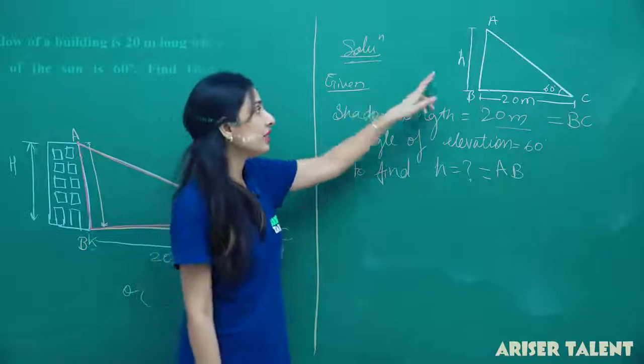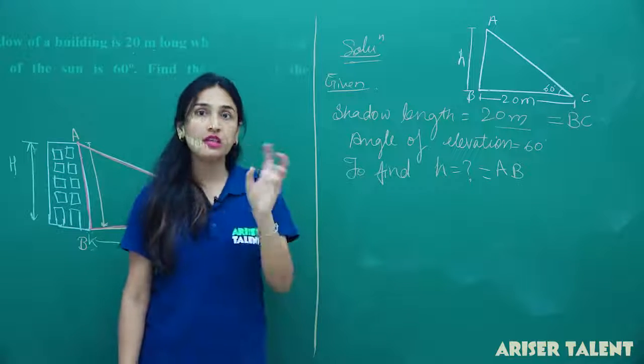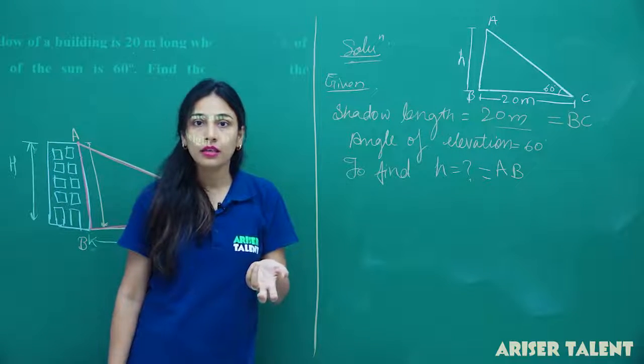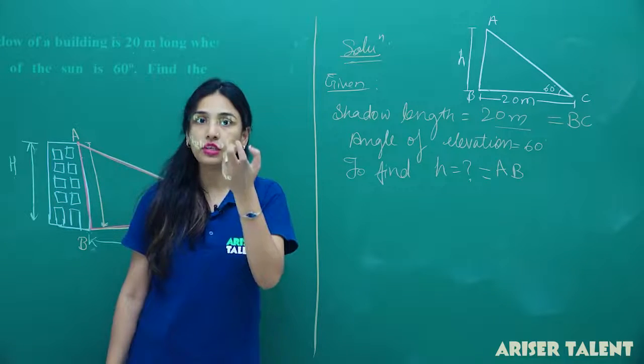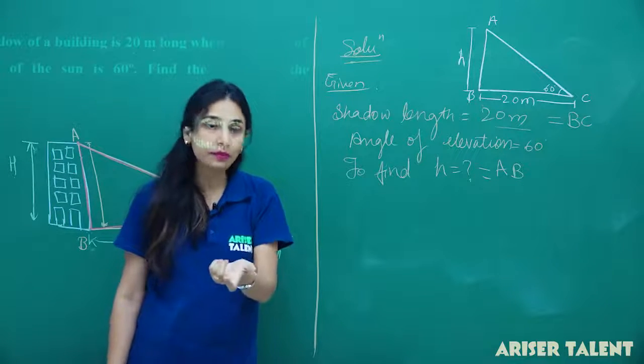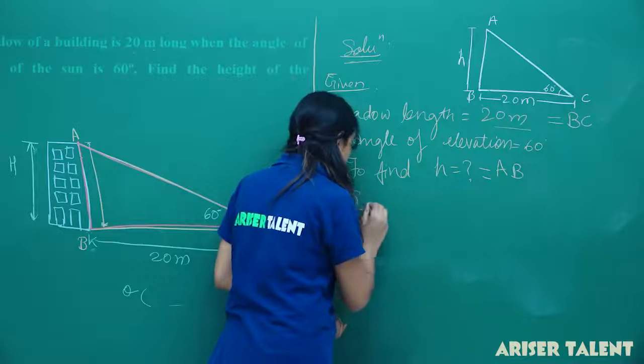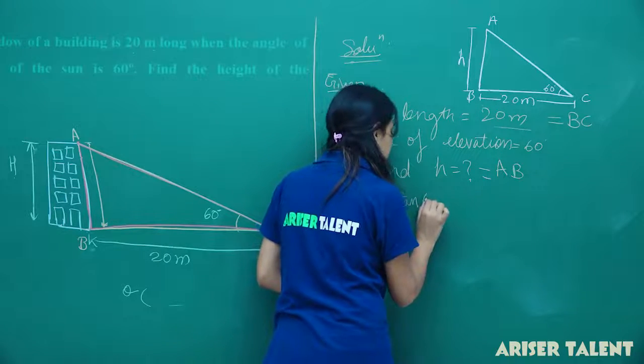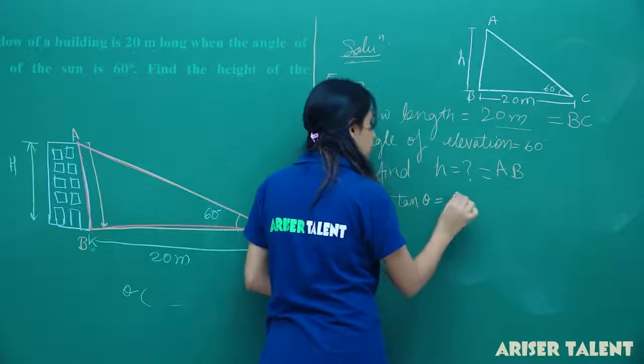Now what is the relation between AB and BC when it comes to trigonometric ratio? Perpendicular and base. That will give you the ratio of what? Ratio of tan theta, right? So tan theta equals to what?